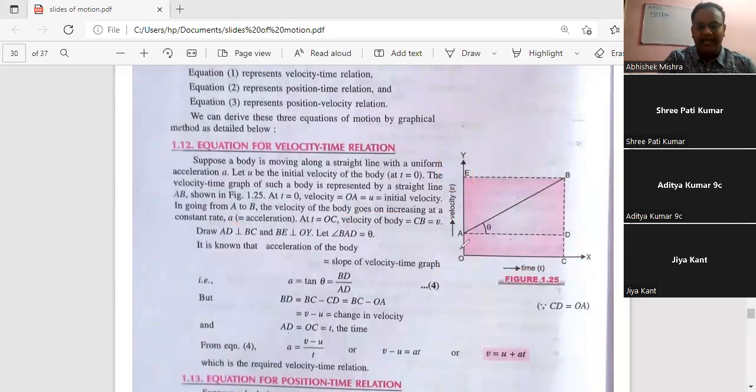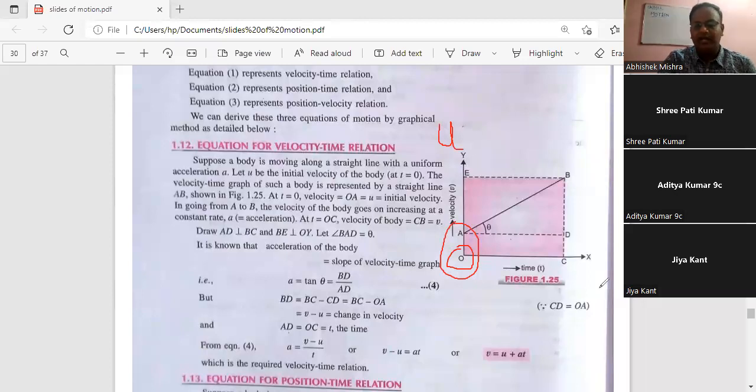At time 0, can't we say that OA is the initial velocity U, Shripati? One by one, I'm making the points clear. Can't we say OA to be the initial velocity? Yes or no? Shripati, I'm waiting for your response also.